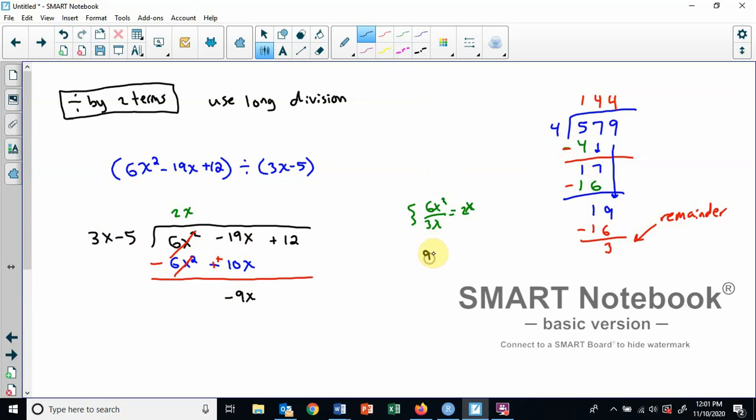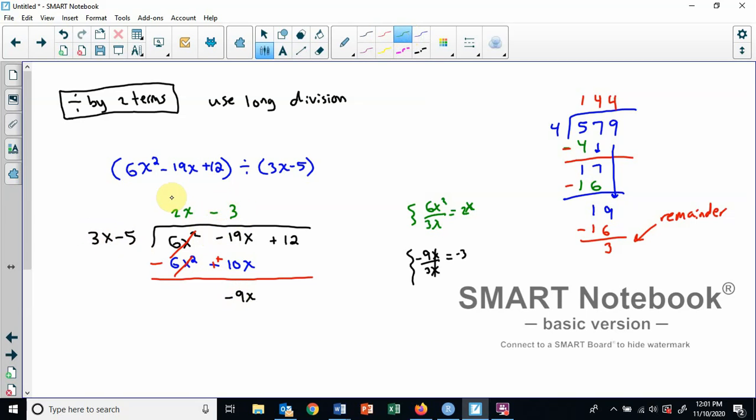And we could do some scratch work on the side. Dividing 3x, just some scratch work. Does it divide in? Well, negative 9 divided by 3 is negative 3. x and x cancel. So yeah, that does divide in. It is going to give us a negative 3. Okay? Negative 3. So a minus 3.